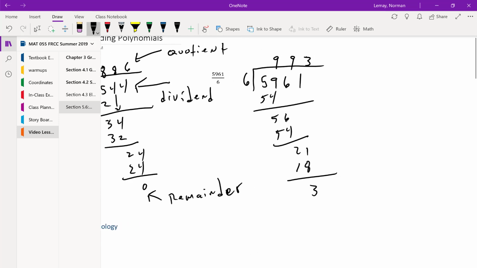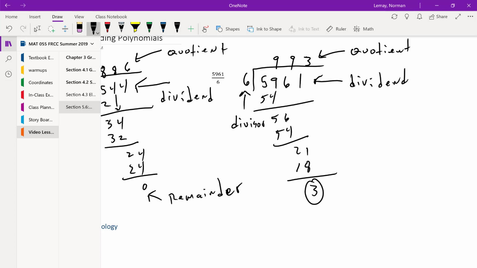Now again, coming over here, this is the divisor. The 5961 is the dividend. And this number up here, the 993, is the quotient. And now we have a remainder. Our remainder is 3.